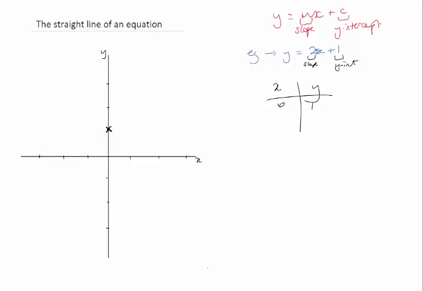And then we could use just our slope to add another point on the graph. So we know that for every one space we go forward on the x, and I forgot to put any numbers on here as well: 1, 2, 3, minus 1, 2. So for every space we go forward on the x, we go up 2.